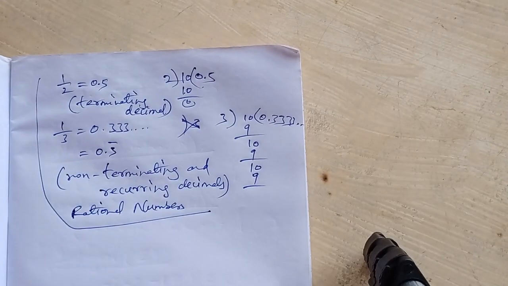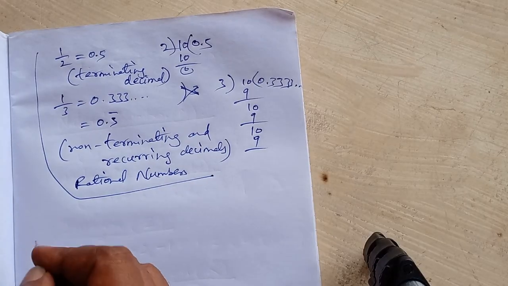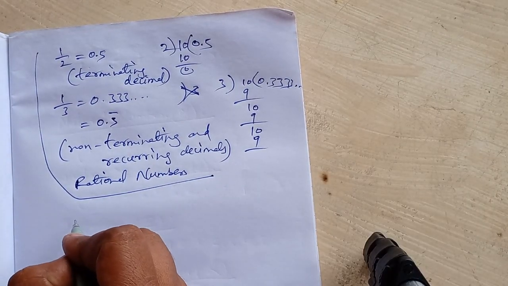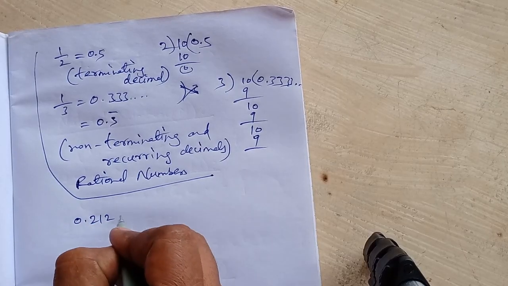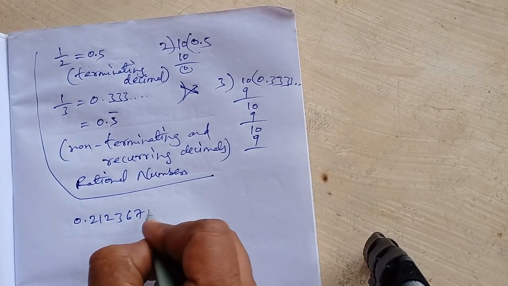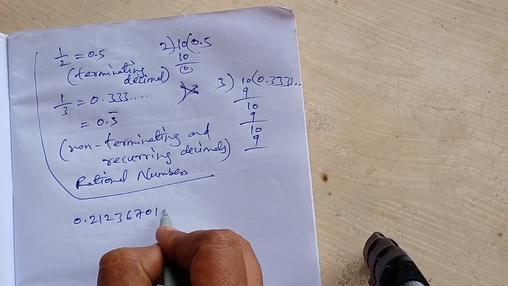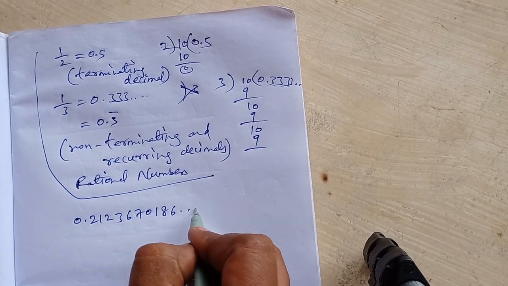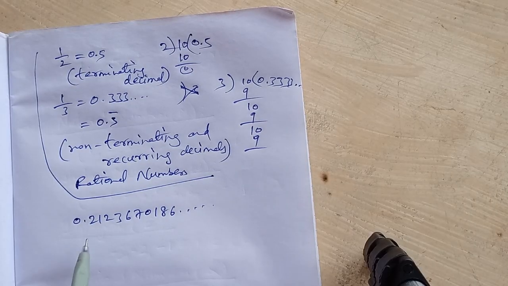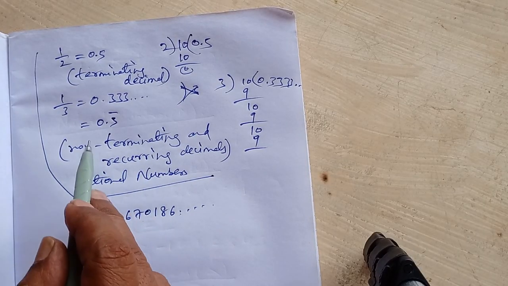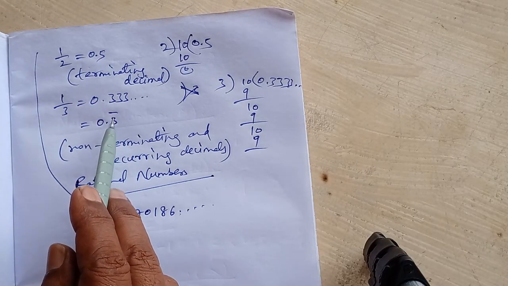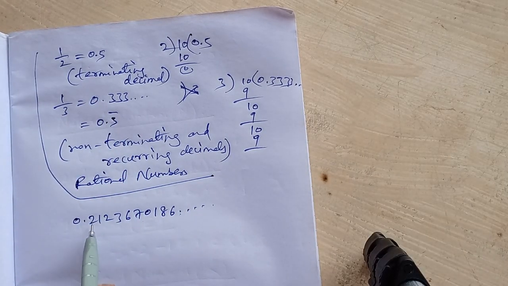Now there are also some other numbers. Suppose you get a number like 0.2123670186 and so on. This is also a decimal number which is non-terminating, but it is non-recurring. That means we cannot use a bar here, the decimals are not repeating.